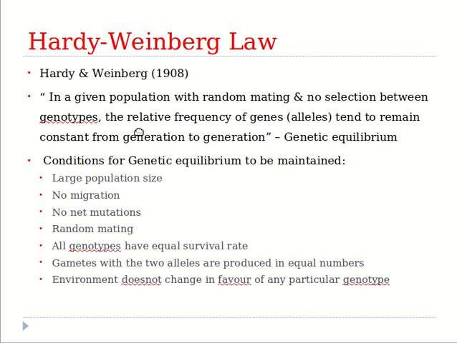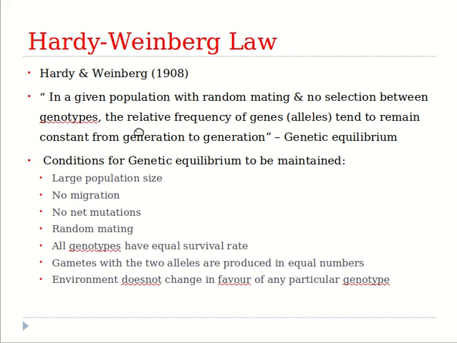What are the conditions? The conditions are that in the population the mating should be random and there should not be any natural selection process or any selection pressure on the population. Okay, there should not be any differential selection on the populations, right? So on the genotypes, all the genotypes should have the same survival rate.